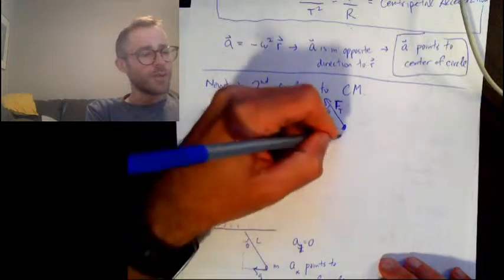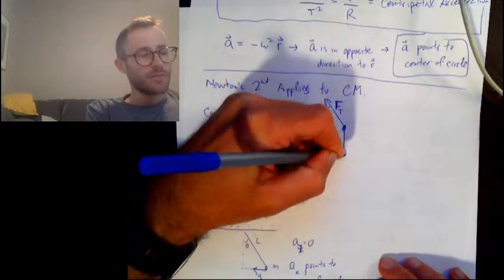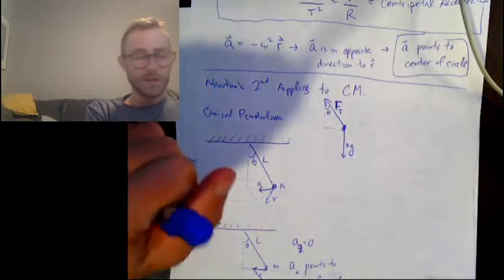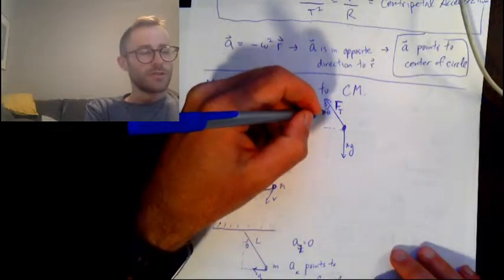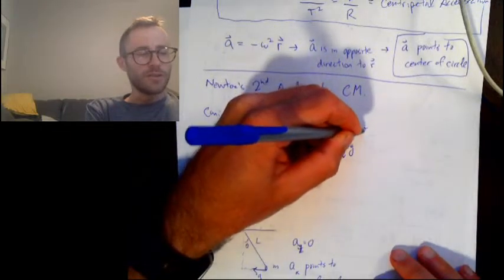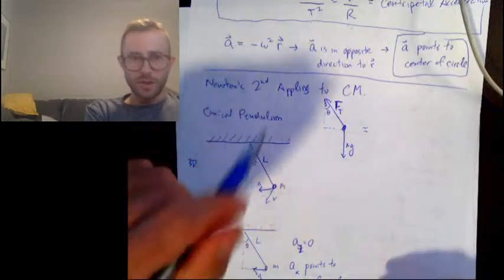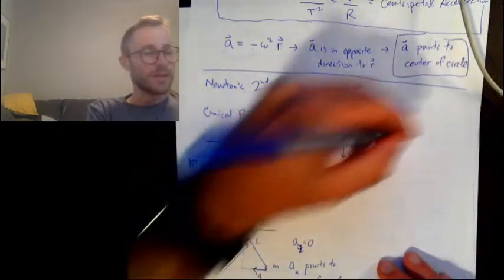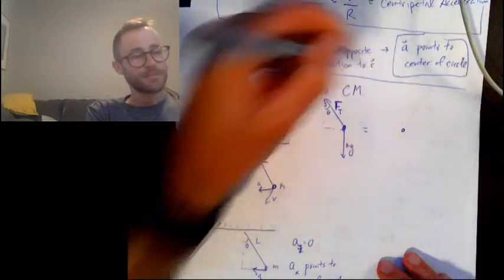Then we also have the weight force, mg, which points vertically downward. And that's it. So what I could do is take this diagonal force and break it up into a vertical force and a horizontal force.